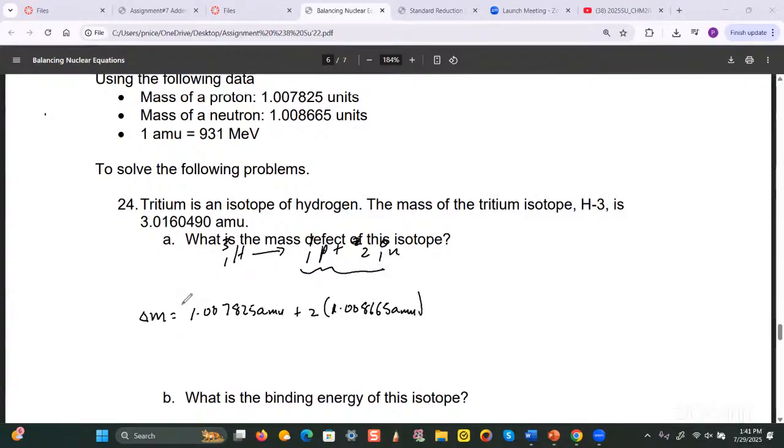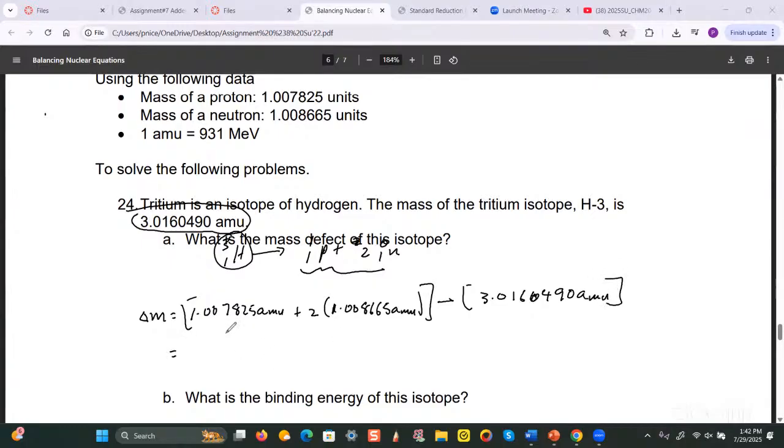And then I'm going to subtract from that the mass of the tritium, which is given right here. So that's minus 3.0160490 AMU. So let's see what that gives.